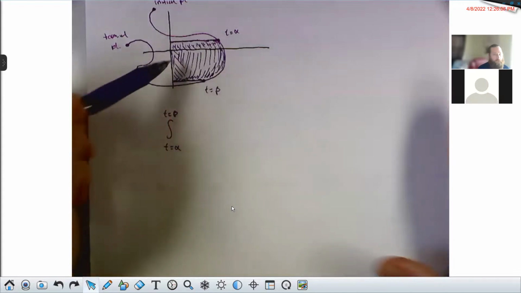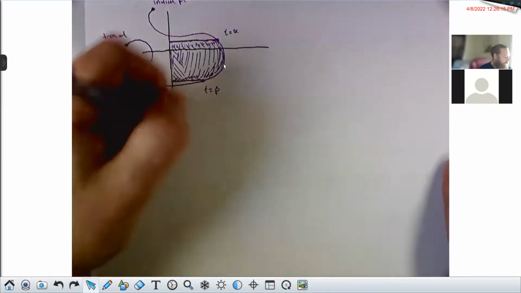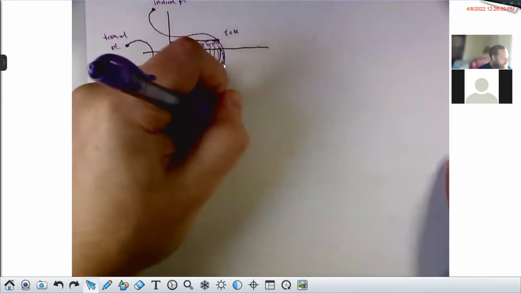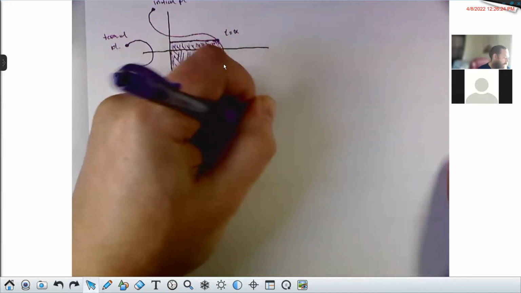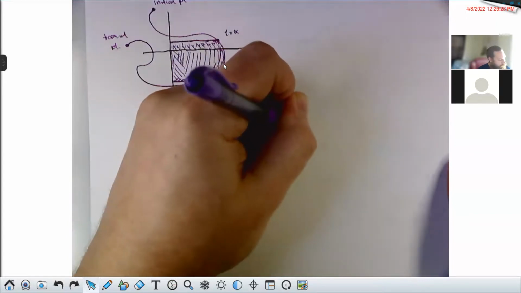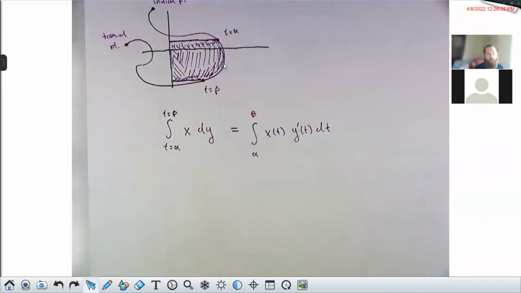So my little Riemann rectangles would go in like this. So this would be the integral of x dy, which would be integral alpha to beta. x is x of t, y is y of t, so dy would be y prime of t dt.